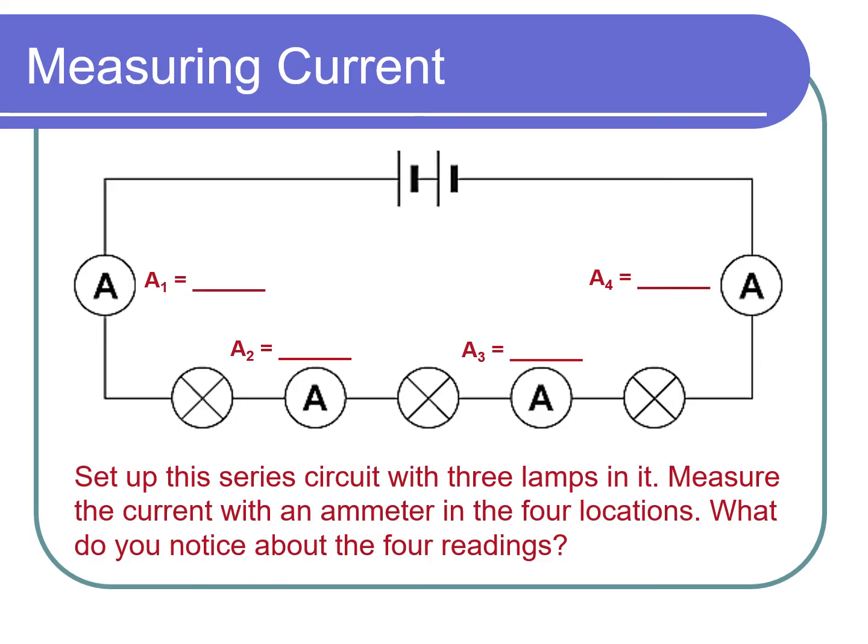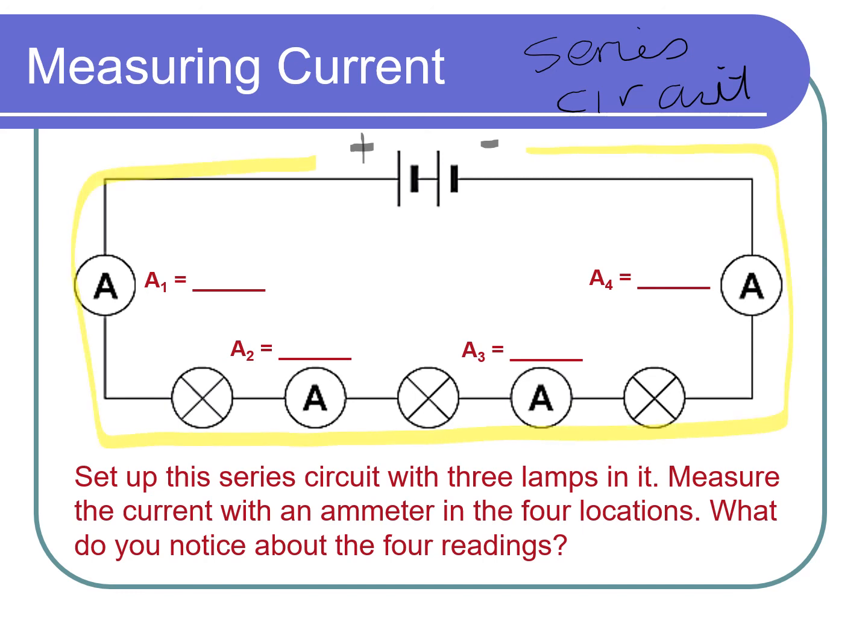This is a series circuit because it only has one path for the electricity to flow. It's going to come out of the positive side of the battery, and that's the negative side of the battery. So the electrons are going to move this way around. That's the way that the electrons are going to go. But of course the current goes the other way.